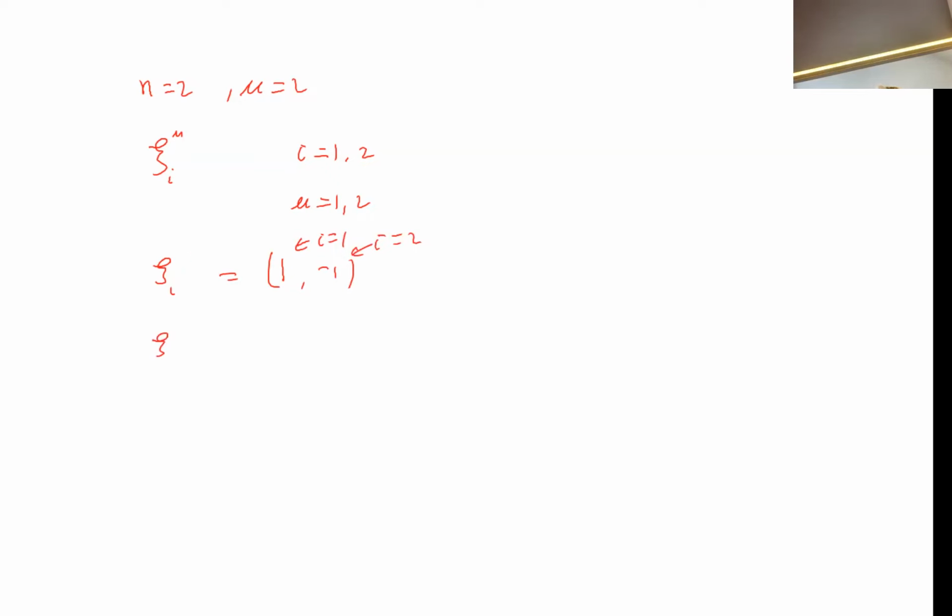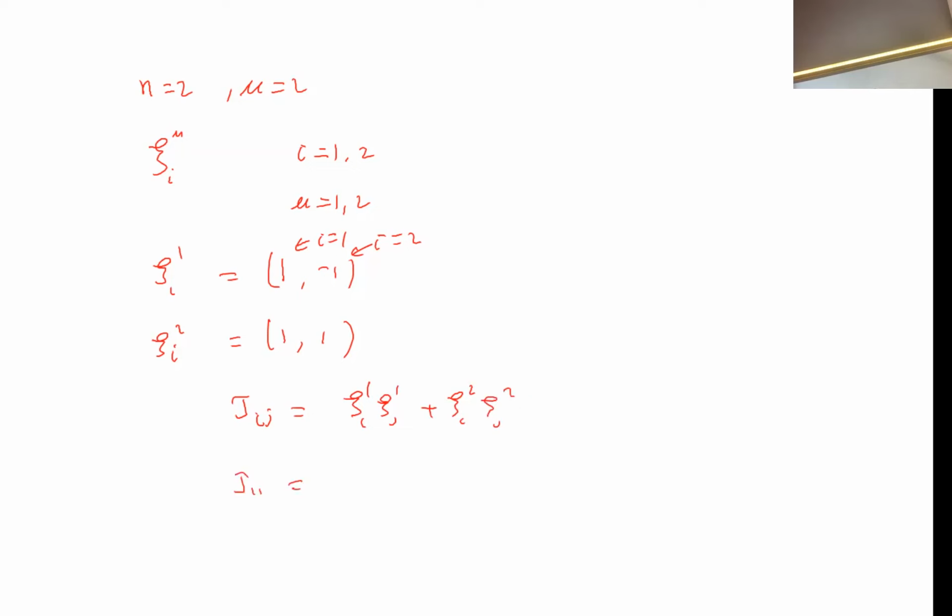For the first memory, squiggle I1 and squiggle I2 is equal to, let's say, 1, 1. Just a bunch of random numbers that we pulled off. So J_ij is equal to squiggle I1 squiggle J1 plus squiggle I2 squiggle J2.